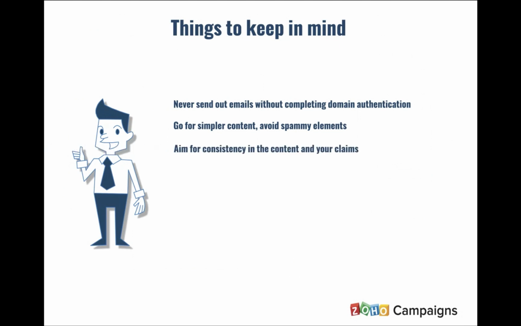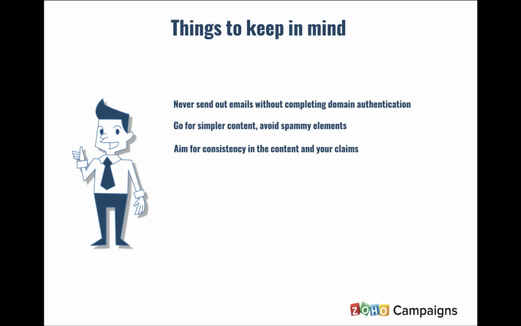You should aim for consistency in the content and your claims. This means, let's say your subject line and pre-header say that you are going to provide something in the email, and your email content talks about something altogether different, then there is a gap in the communication. The claim that you are making and the content that you are providing are pretty different.